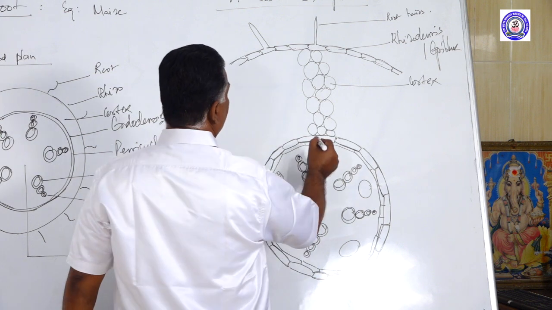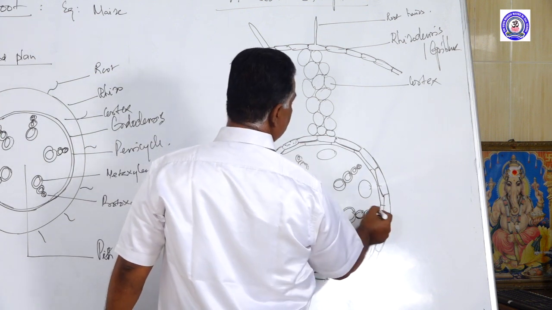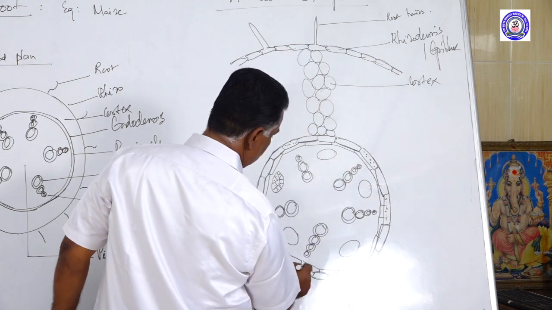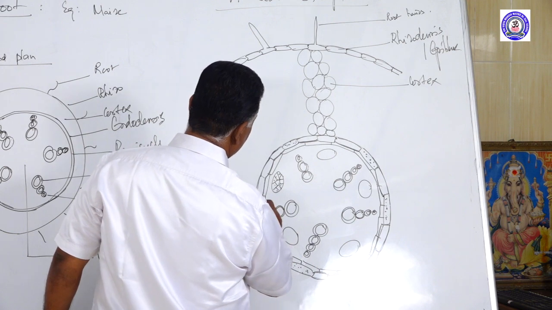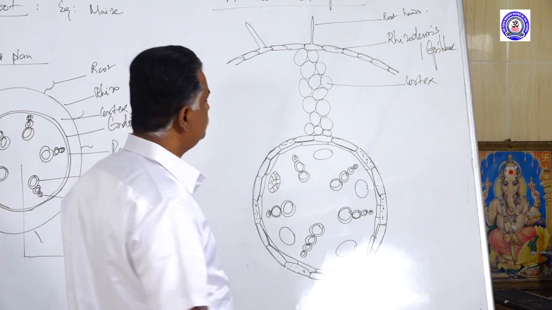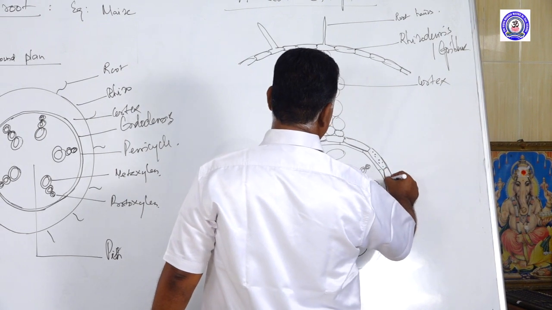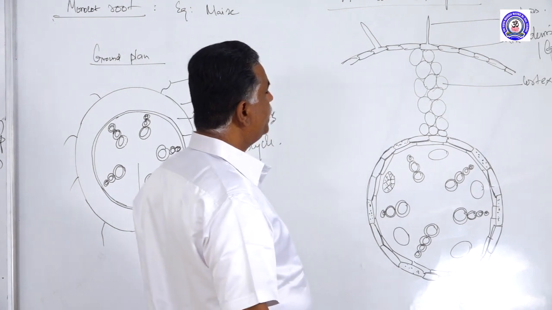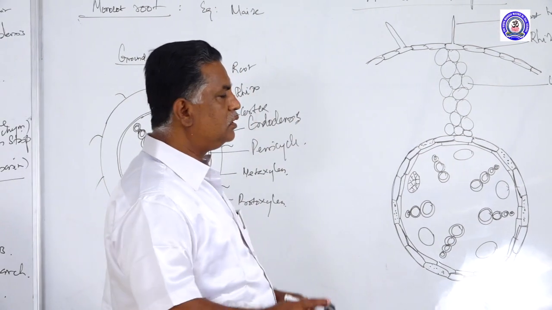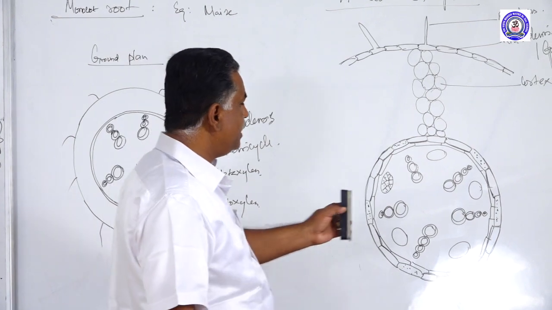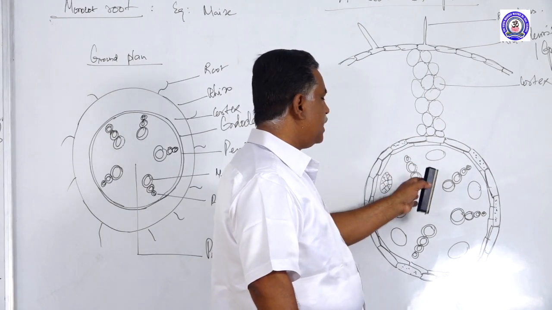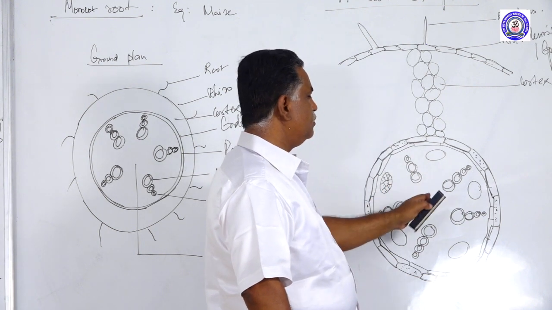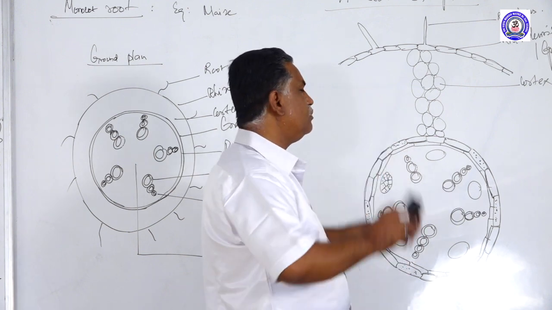You see here these cells. Observe these cells. These cells do not have the Casparian strips. Other cells have Casparian strips. As we know already, the Casparian strips are made up of suberin. They do not allow re-entry of water from the xylem and phloem to the cortex. So water once entered into the vascular tissue system should not re-enter, otherwise it cannot be conducted upwards.